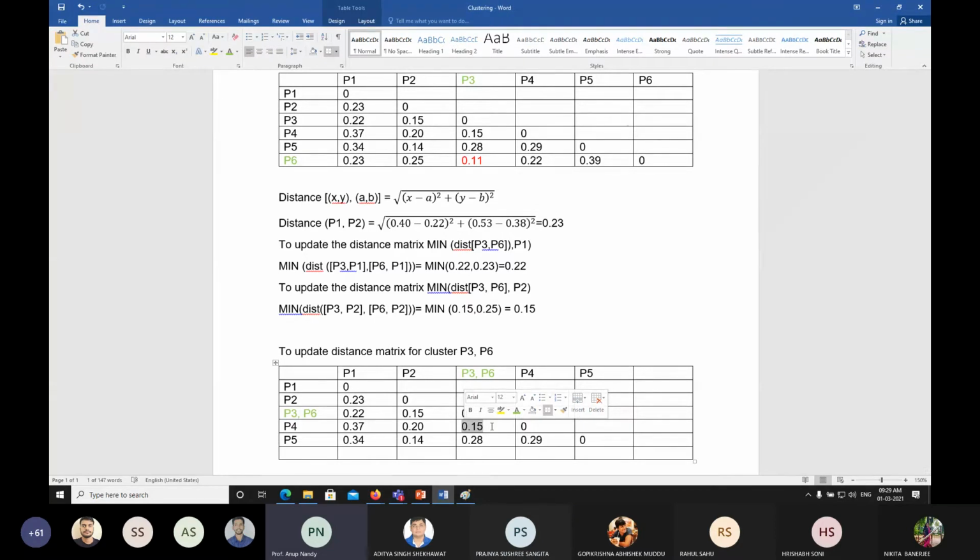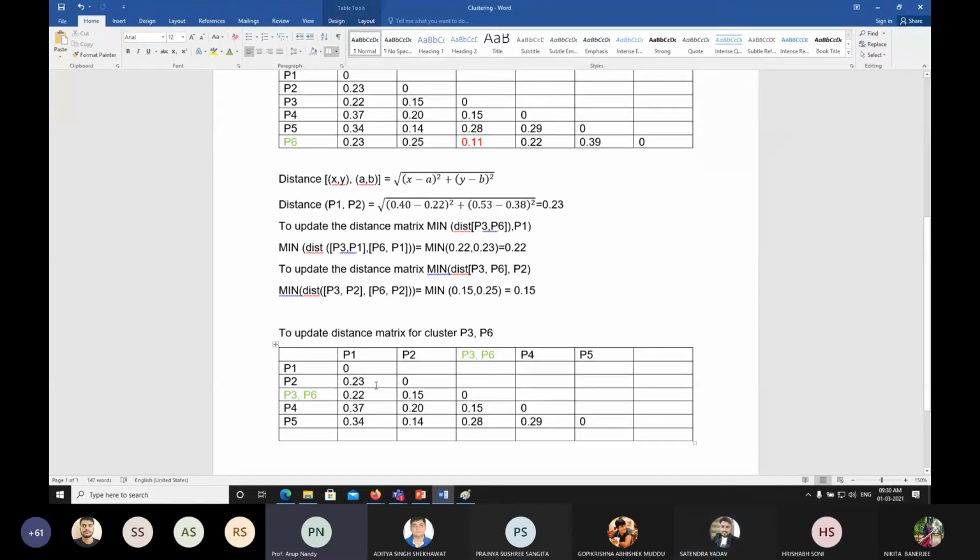How much it is coming? If you do the minimum, are you getting 0.15? Yes, sir. Okay, good. Now P3, P6 to P5. Now P3, P5 and P6, P5. Are you getting 0.28? Yes, sir. Okay. So now this is the updated distance matrix.